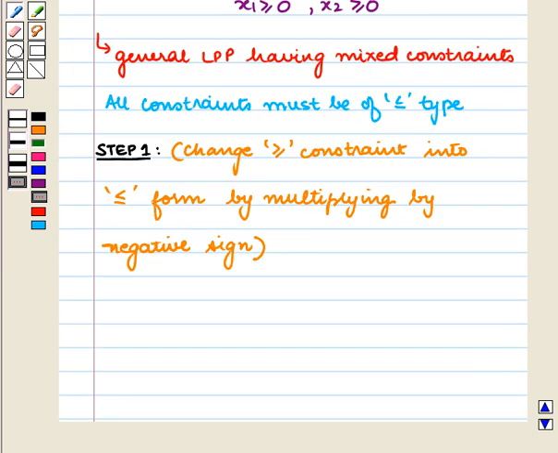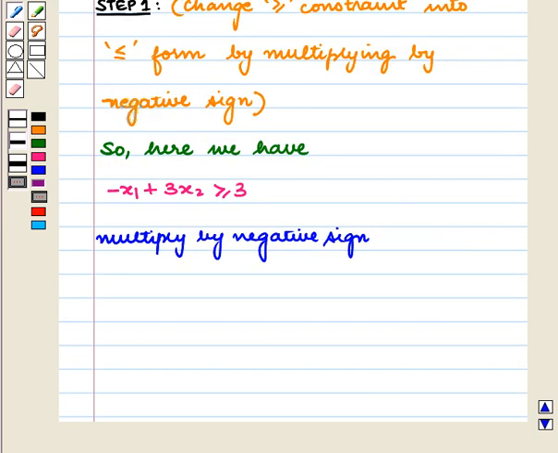Our first step would be to change the greater than equal to constraint into less than equal to form by multiplying by a negative sign. Here we have minus x1 plus 3x2 is greater than equal to 3; multiplied by a negative sign, we get x1 minus 3x2 is less than equal to minus 3.